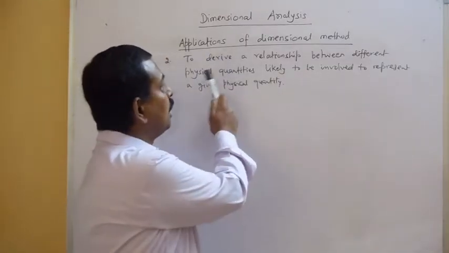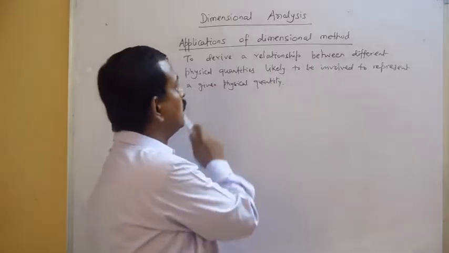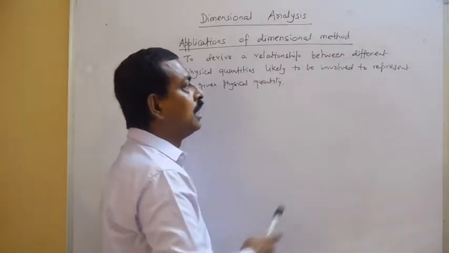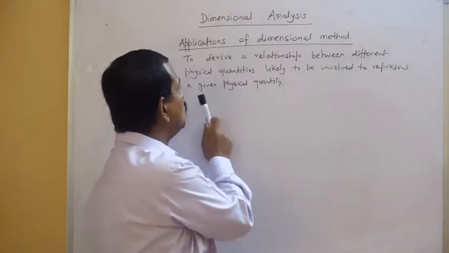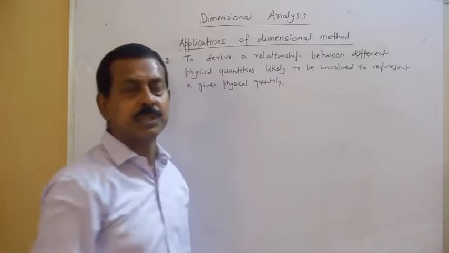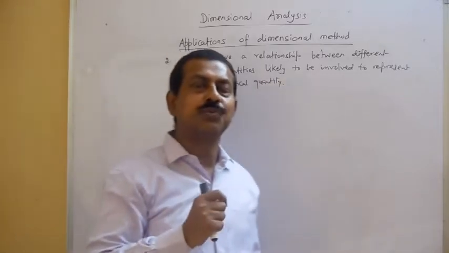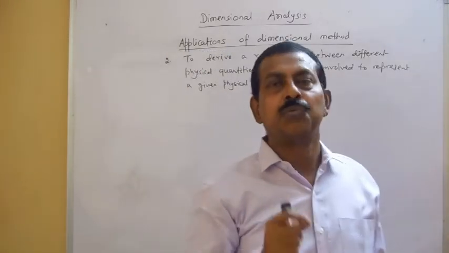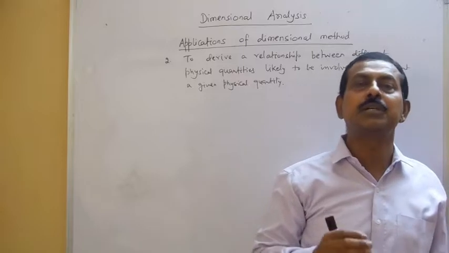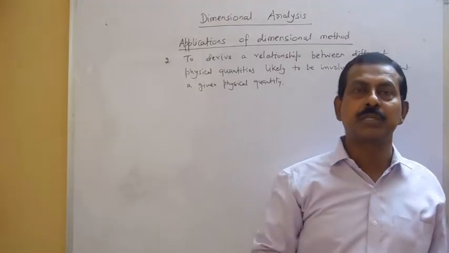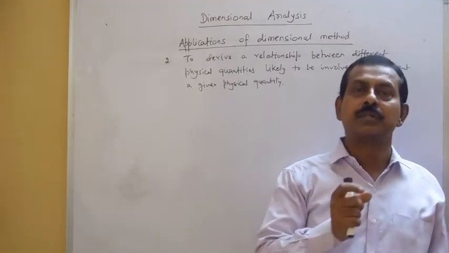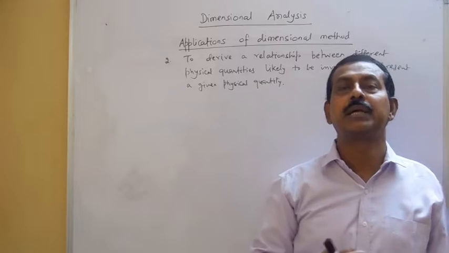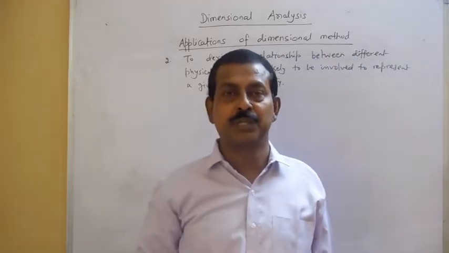To derive a relationship between different physical quantities likely to be involved to represent a given physical quantity. Suppose we want to find a relation for a given physical quantity in terms of other physical quantities, to get a mathematical relation for that.